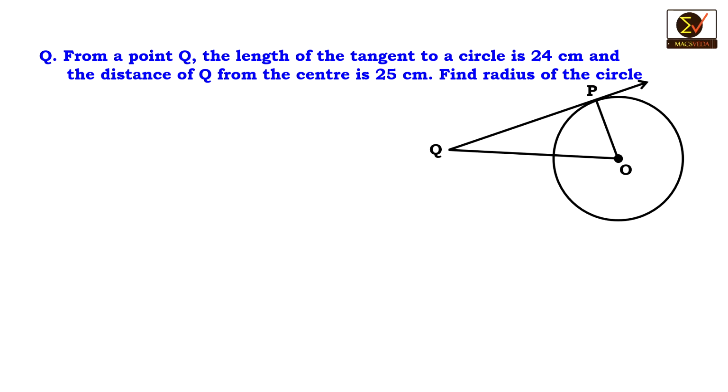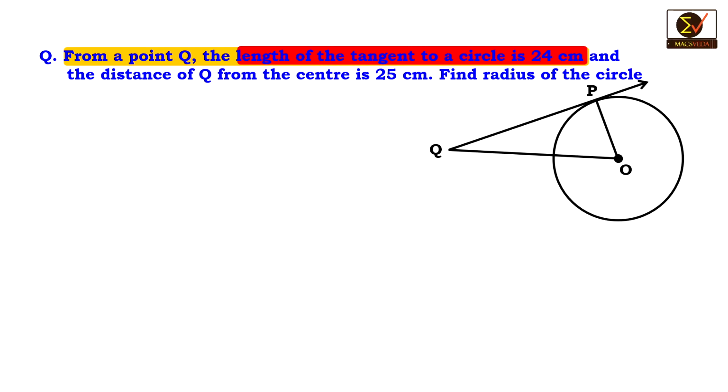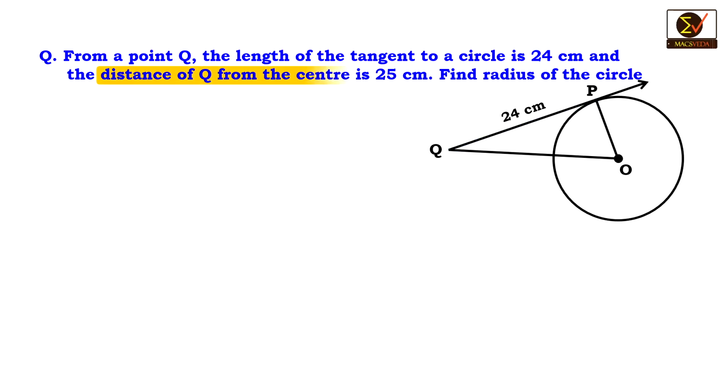So QP length is 24 centimeters and distance of Q from the center, QO, is 25 centimeters. We need to find the radius of the circle. So let us solve the problem.